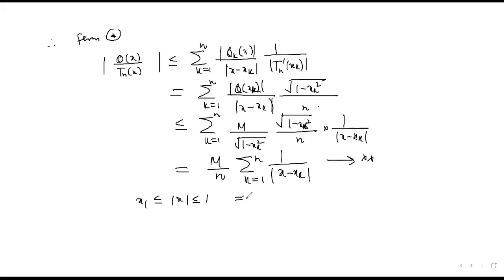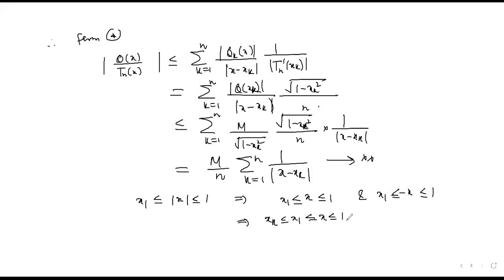It means that x lies between x1 and 1, and of course minus x also lies between x1 and 1, because in the case of real numbers x can be either plus x or minus x. So this would imply, now since x1 is the largest root, it implies that xk is less than equal to x1 because x1 is the largest root, is less than equal to x is less than equal to 1.